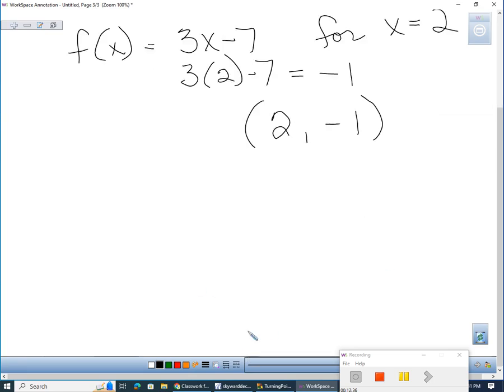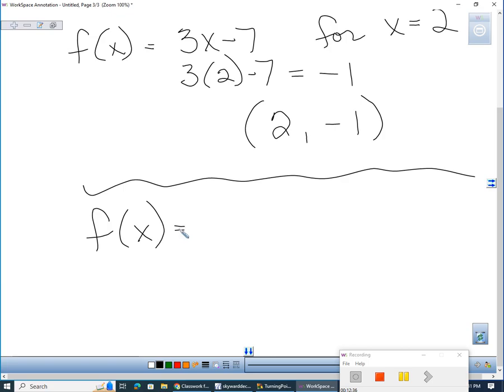Let's do one more like that. Let's say I have f of x equals 1/2 x minus 3, for x equals negative 2. So I'm going to start by plugging negative 2 in for x, right here next to 1/2.